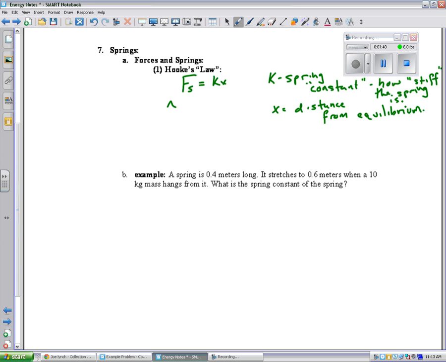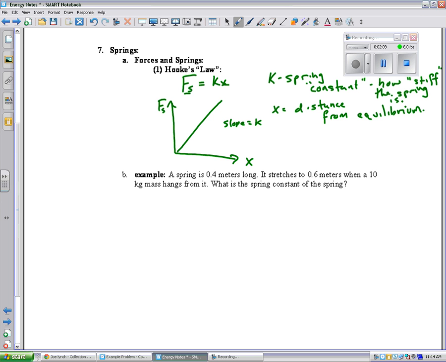And if I was to graph X versus F for one of these springs, okay, X and Fs, that's a direct relationship, so it's going to be a straight line going up like this, and the slope would be the spring constant. Now I have Hooke's law in quotes there also because it's not a law like the universal law of gravity where any two objects feel it. Not all springs obey Hooke's law.